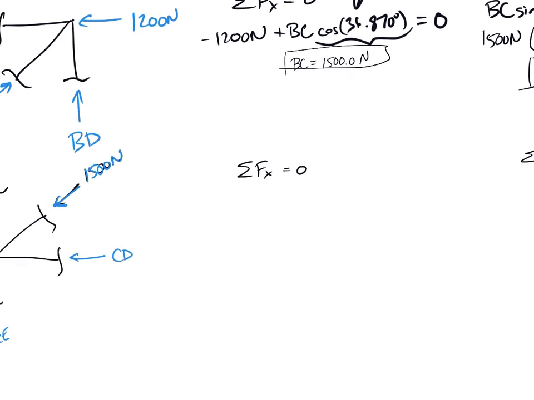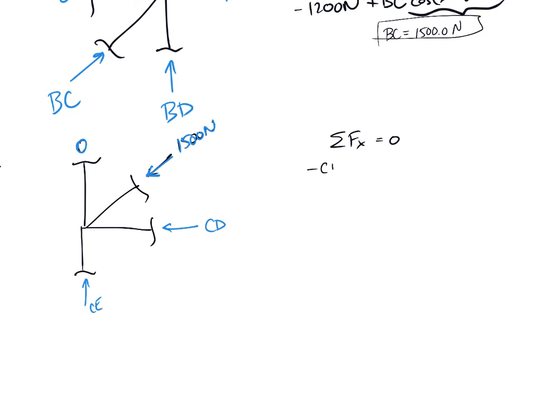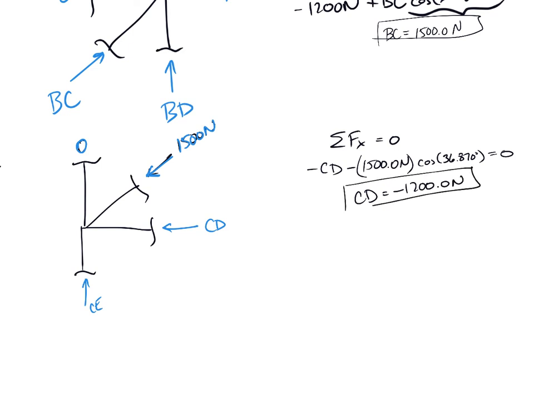So in the X direction, we've got negative CD minus 1500.0 newtons times the cosine of 36.870 degrees. 4 over 5 would have been better, but whatever. So CD is going to be a negative number, negative 1200 newtons. CD is 1200 in tension.